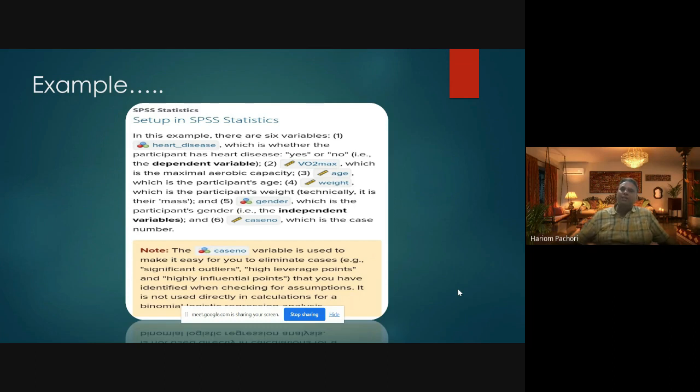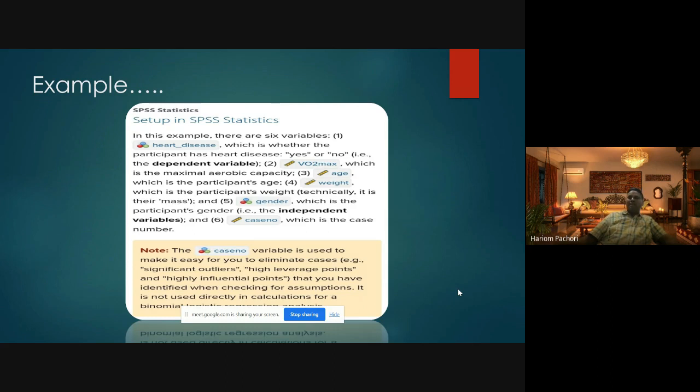In this example, there are 6 variables. The data is all about heart disease, which is whether the participant has heart disease, yes or no. That is the dependent variable. Another variable is VO2 max, which is the maximum aerobic capacity.